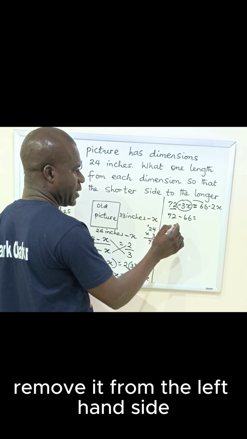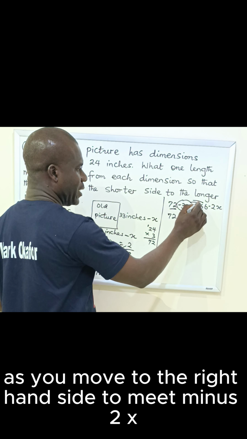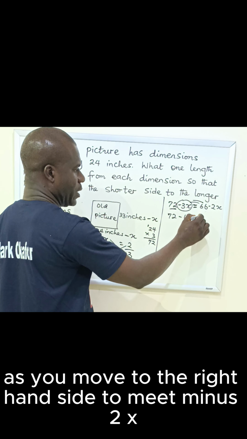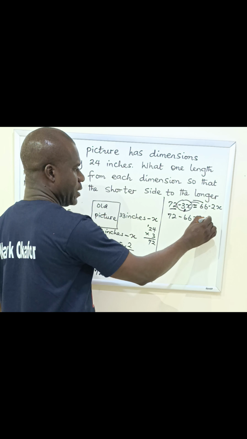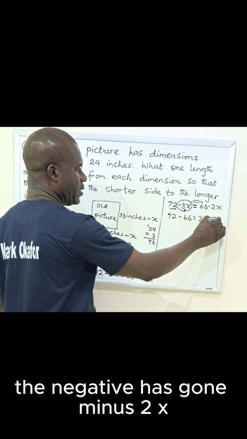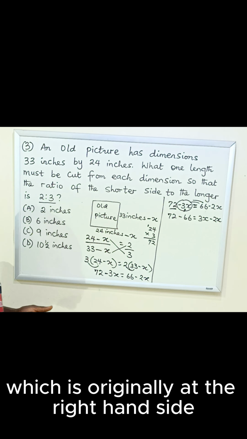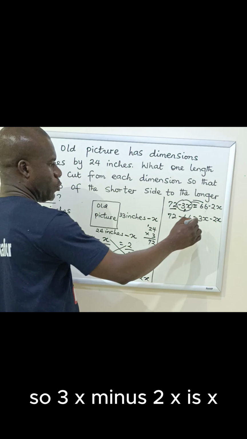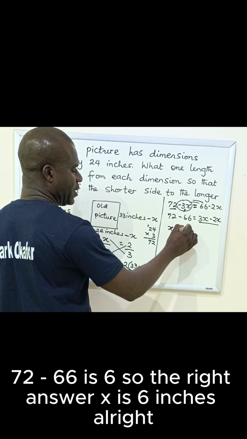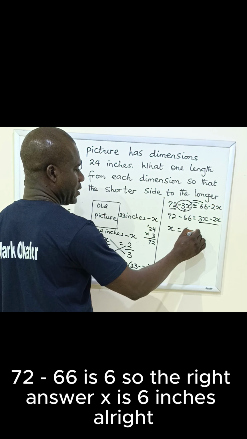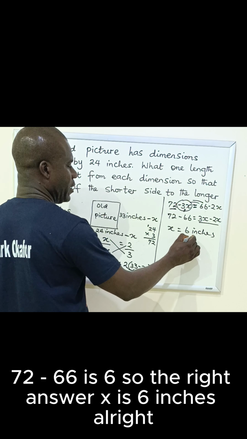Remove it from the left-hand side. As it moves to the right-hand side to meet minus 2x, the negative here will go. We'll have 3x minus 2x, which is originally at the right-hand side. So 3x minus 2x is x. 72 minus 66 is 6. So the right answer, x is 6 inches, all right?